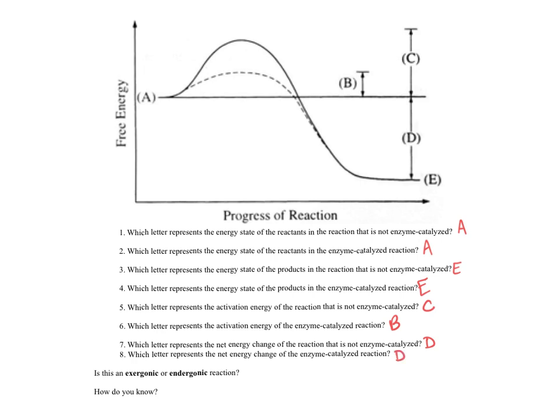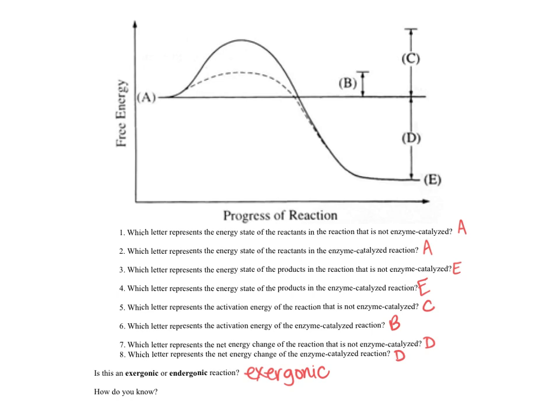Last 2 questions. Is this an exergonic or endergonic reaction? The answer is, this is an exergonic reaction. How do we know it's an exergonic reaction? Because the amount of energy that's available in the substrates, in your reactants, is higher than the amount of energy that's left over at the products.